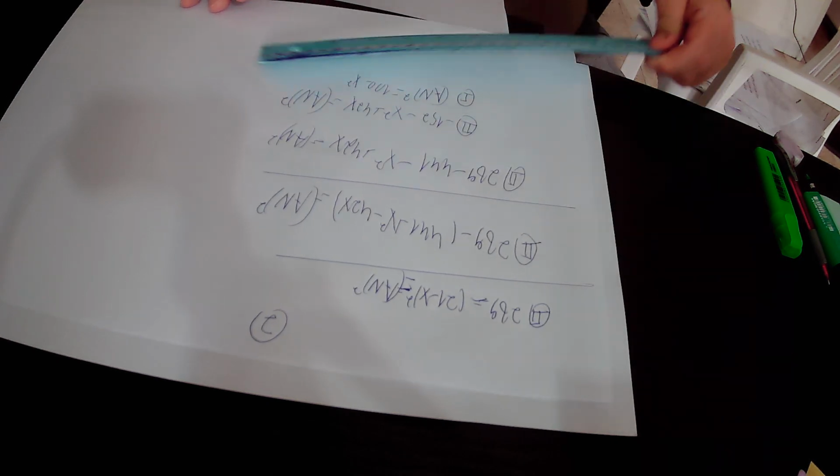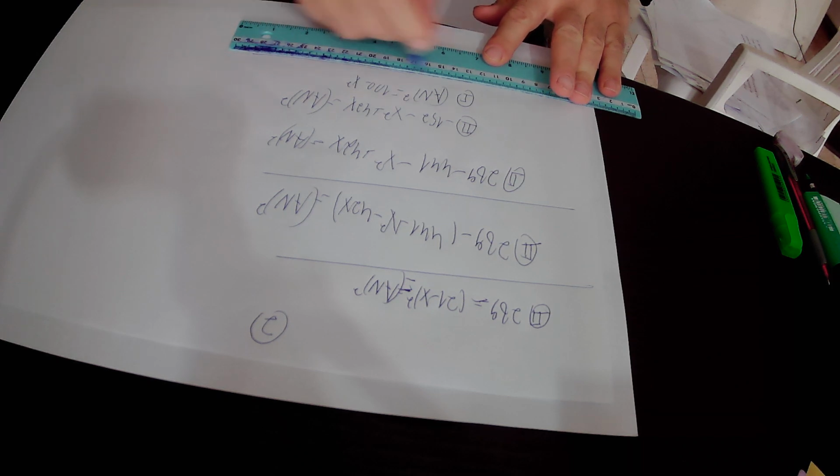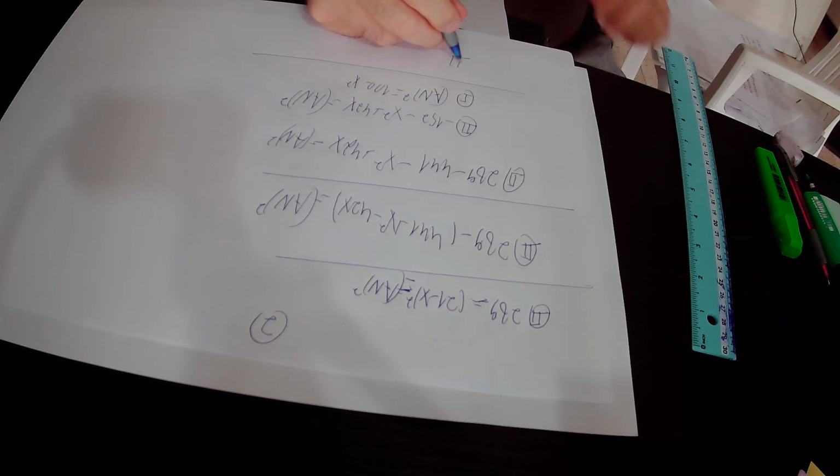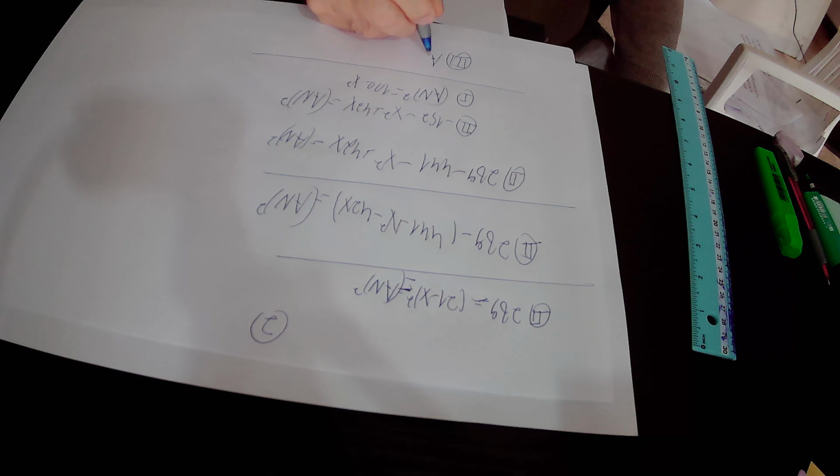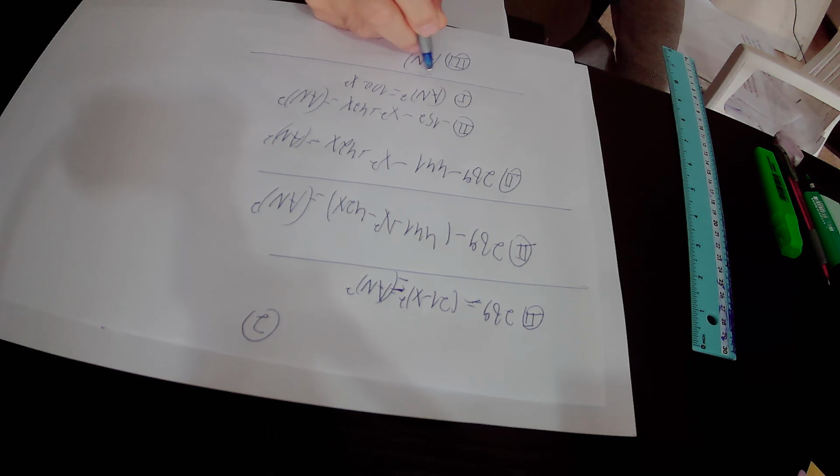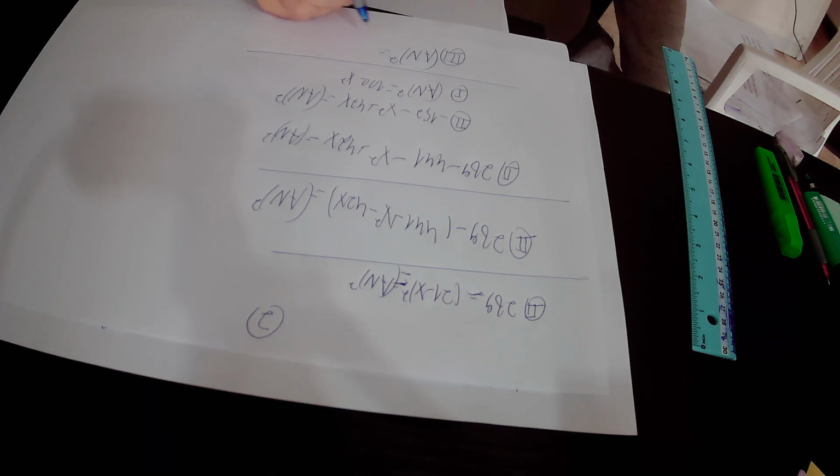The next step, we create equation 3, which says that AN squared according to equation 1 must be equal to AN squared according to equation 2.